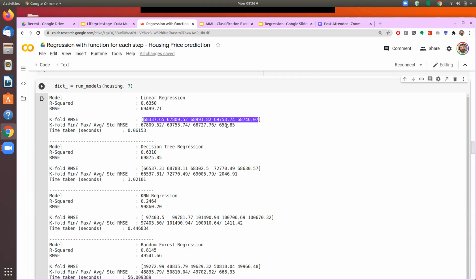That linear regression model is very stable. The standard deviation is only 650. You can see the range also. Whereas if we run the decision tree, it is high. KNN, anyway, is not very reliable because the R square itself is very low, so I'm not going to consider that.